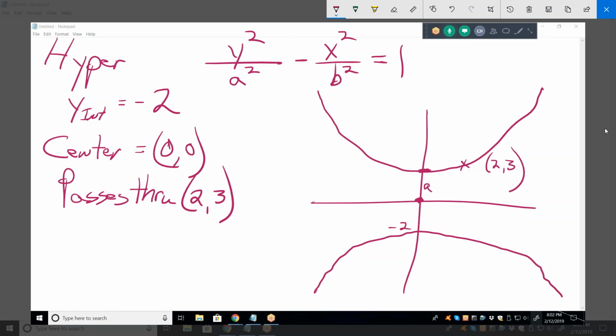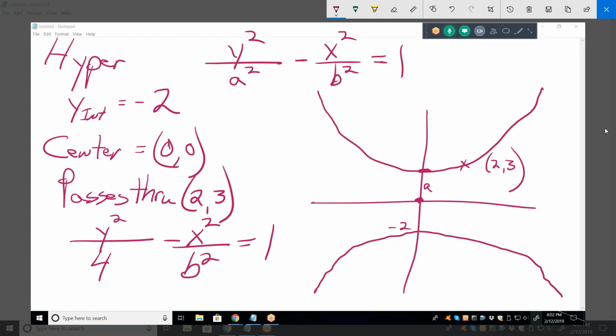Well, the fact that it passes through that point, we know what A is, right? What's A? 2. So y squared over 4 minus x squared over b squared equals 1.